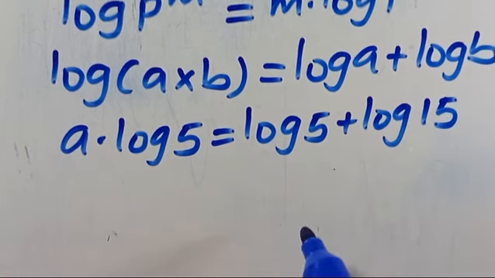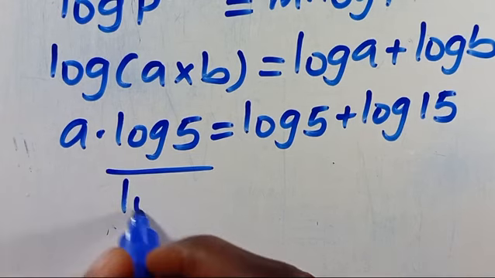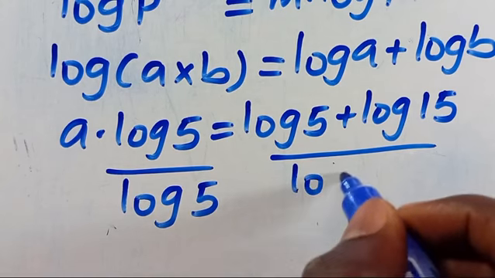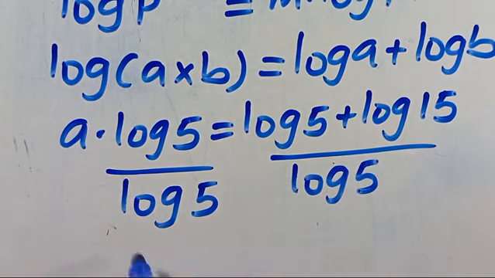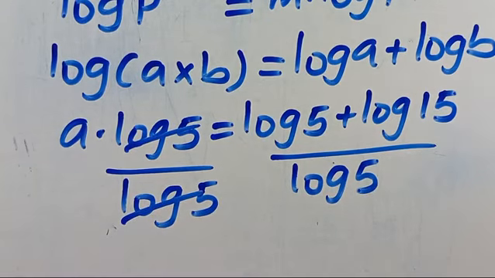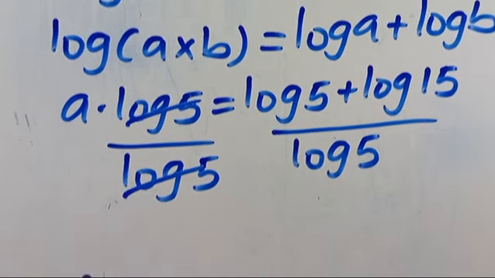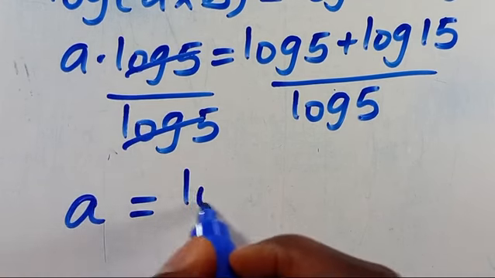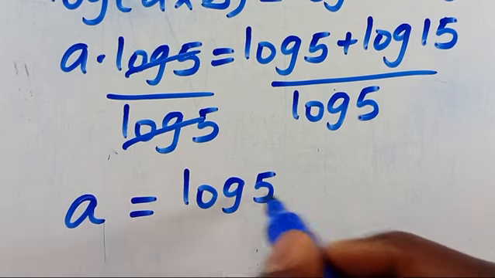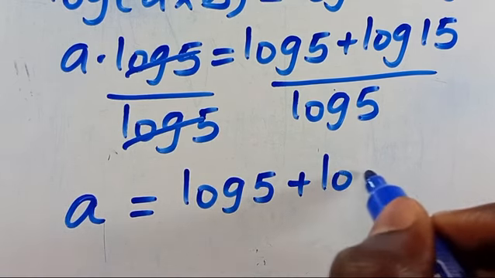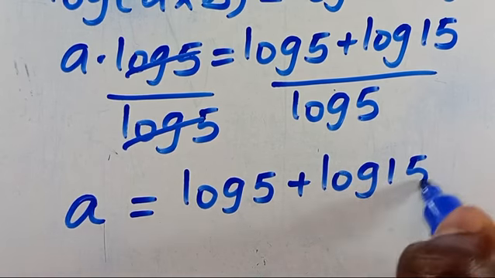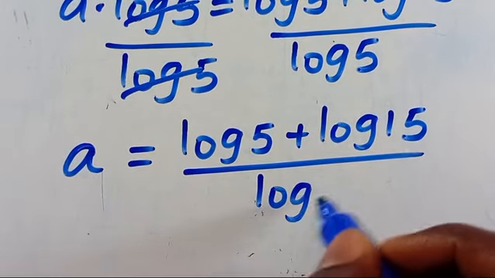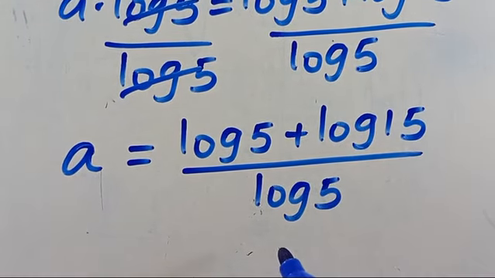So dividing through by log 5 to get the value of a, this divided by this will give us 1, multiplied by a. We have our a back, so a equals log 5 plus log 15 divided by log 5.